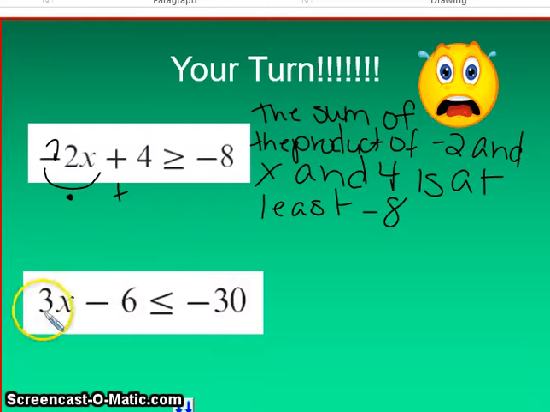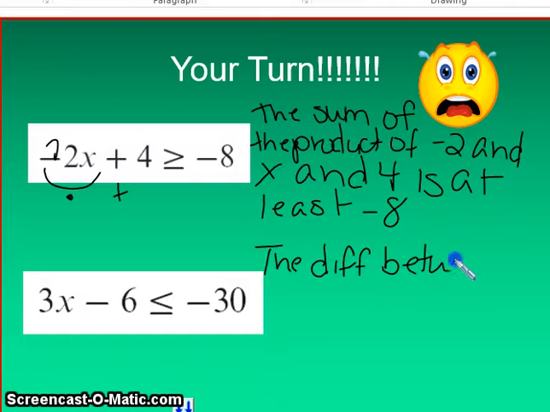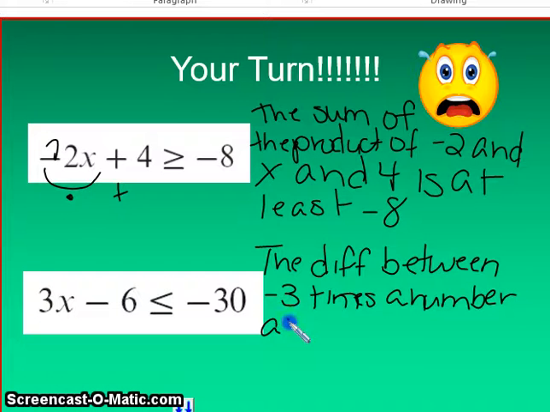Now in the second one, it says 3x minus 6 is less than or equal to negative 30. So if we're going to write this, that we wanted to find the product of 3 and x and then subtract 6, we could possibly write the difference between, because difference tells us to subtract, and then maybe we could say negative 3 times a number and 6.